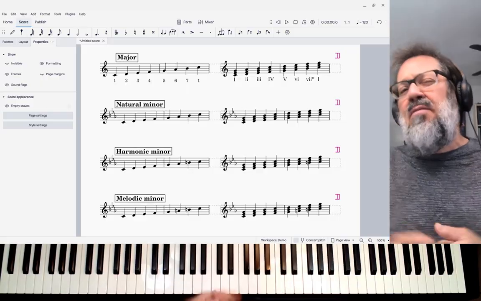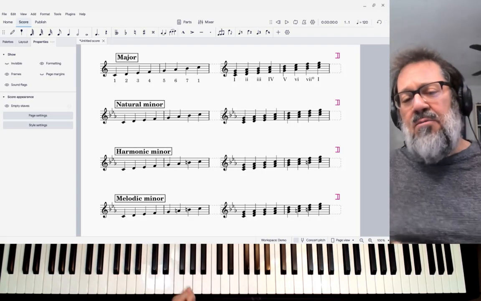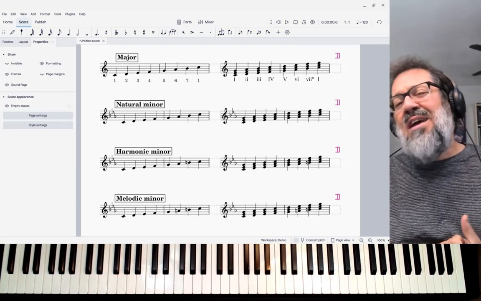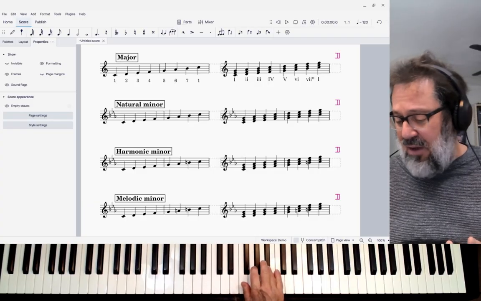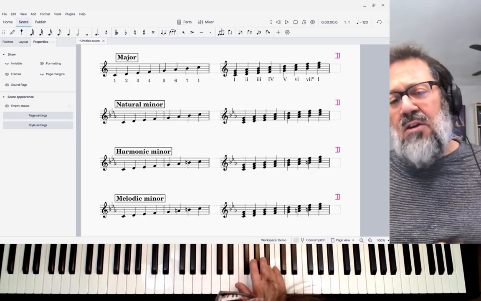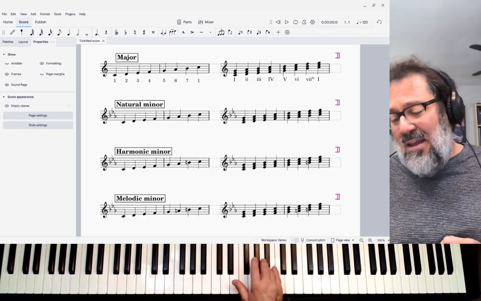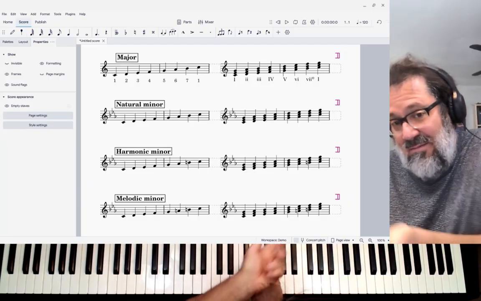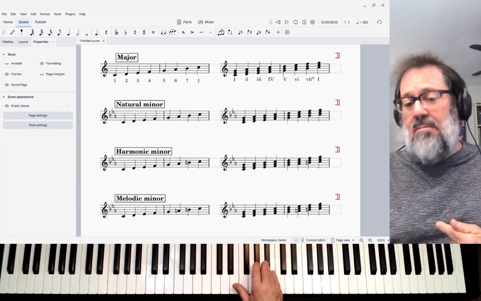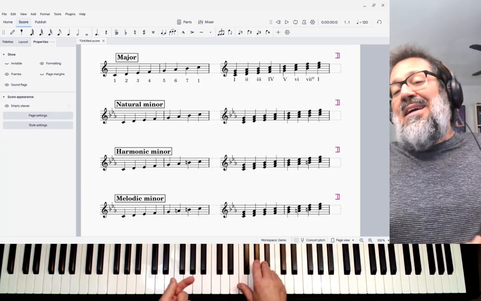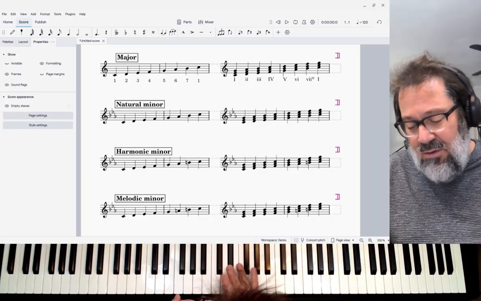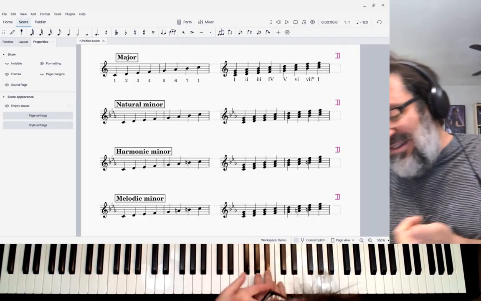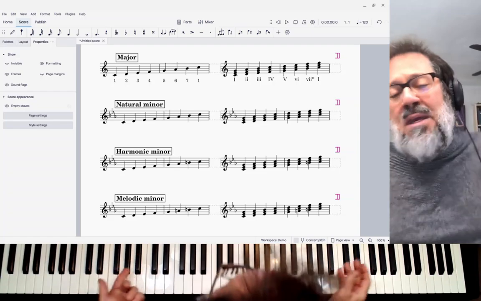The confusion comes in when we talk about, say, the 7th scale degree. 1, 2, 3, 4, 5, 6, 7, 1. The 7th scale degree in a minor key is B flat in the key of C minor. Except if we're dealing with, say, a harmonic minor scale, 1, 2, 3, 4, 5, 6, 7, the 7th degree is a B natural.